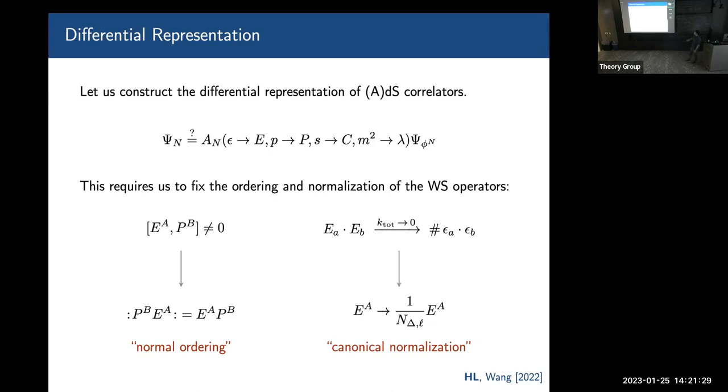Even after normal ordering, if you take the k total going to 0 limit, this spin-shifting combination produces the kinematic structures for the amplitude, but only up to some proportionality constant. But now what you'll be doing is to combine a bunch of these spin-shifting combinations. If you want them to combine in exactly the same way as for amplitudes, then you have to make sure that this constant coefficient is 1, so that they have the same normalization as the amplitude structures. So you have to go through some normalization procedure as well.